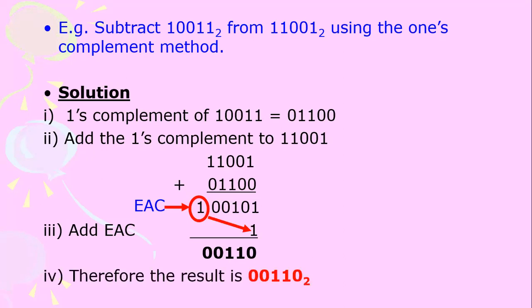And therefore, the result is 0, 0, 1, 1, 0 binary. So that's how we proceed, my dear students and the rest of the learners.